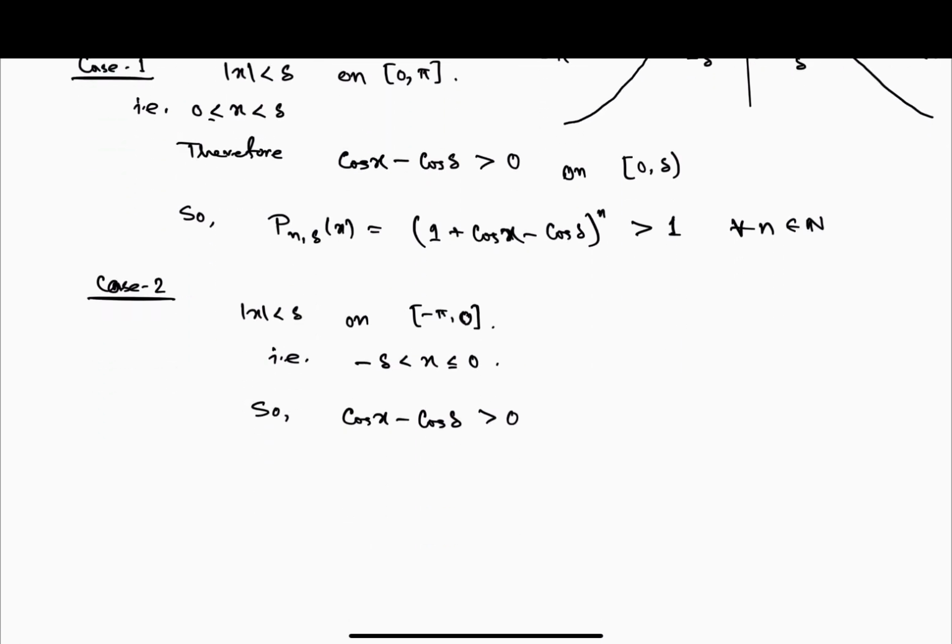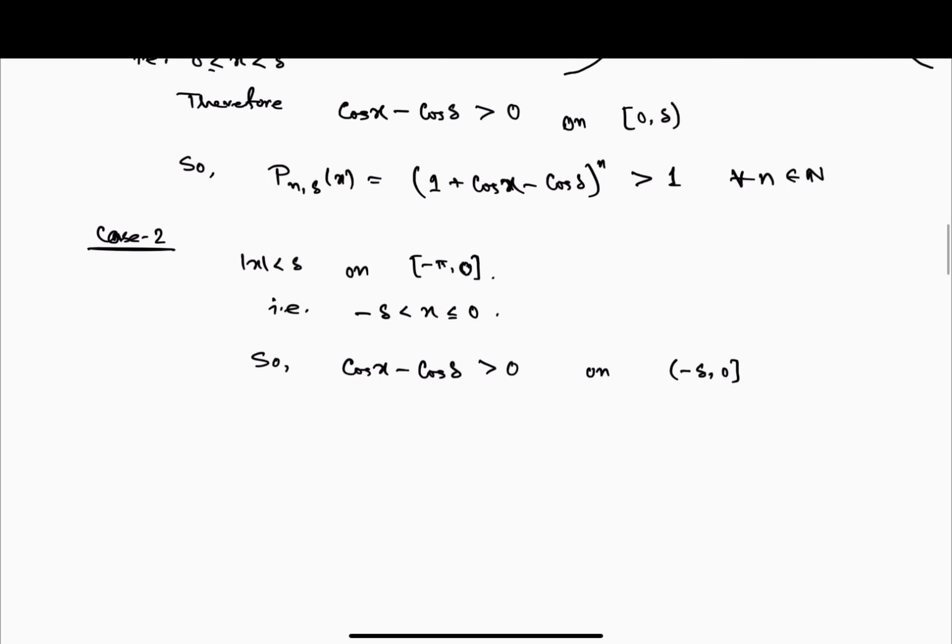So this is also positive on minus delta to 0. Therefore P_n,delta of x, which is (1 plus cos x minus cos delta) to the power n, is strictly bigger than 1 for all n belonging to natural numbers.